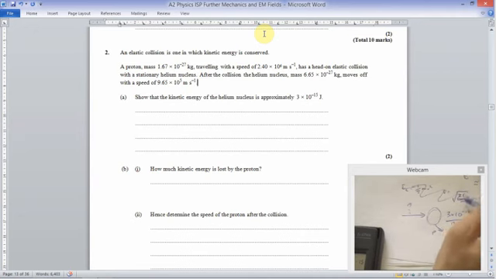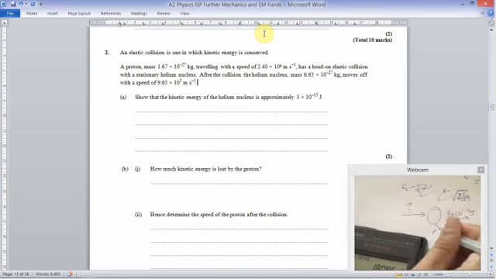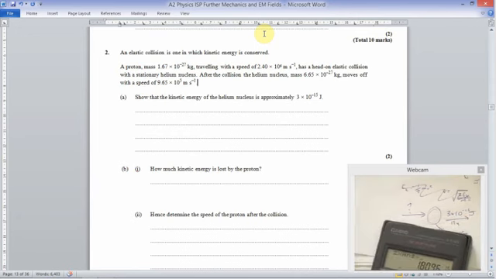v is equal to the root of 2Ek over m. So that's our kinetic energy. So 2 times that answer, the kinetic energy that's actually ended up going off with this proton. So that's 1.81 times 10 to the minus 15 joules. Okay, divided by its, let's put a bracket in properly here.